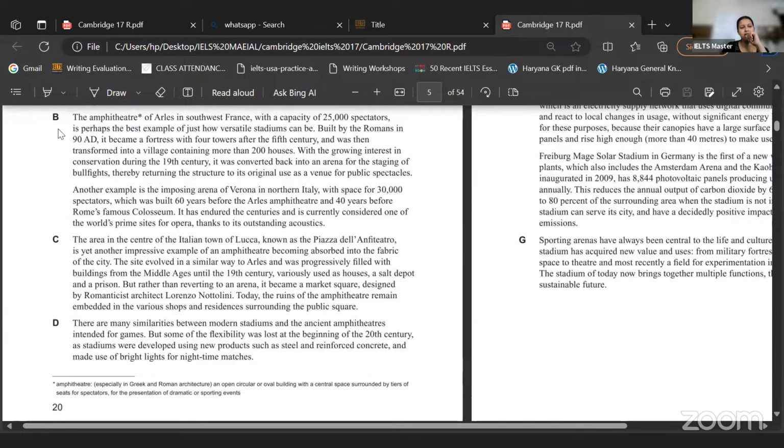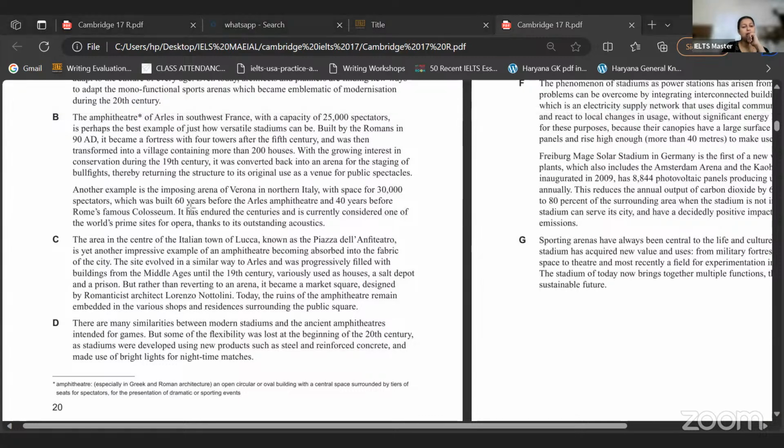So it is written here, another example is the imposing arena of Verona in northern Italy, with space for 30,000 spectators, which was built 60 years before the Arles Amphitheater and 40 years before Rome's famous Colosseum.